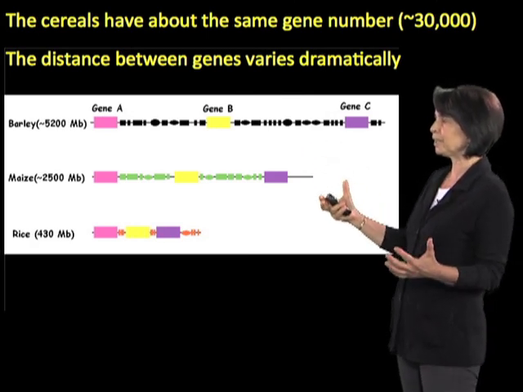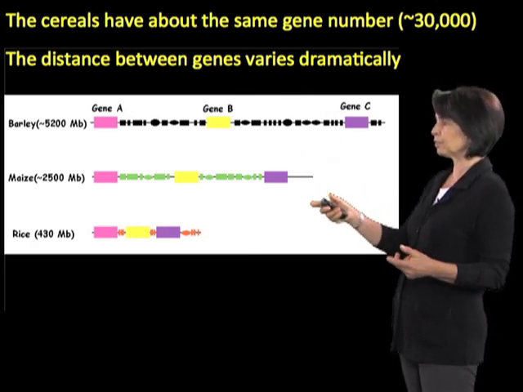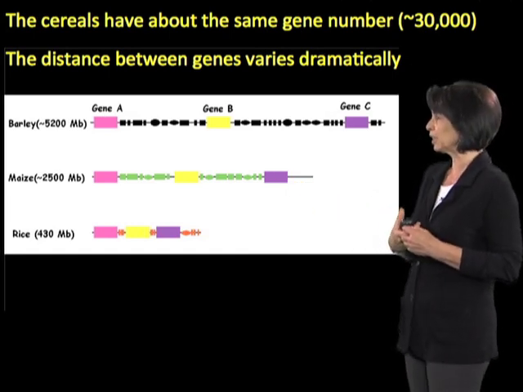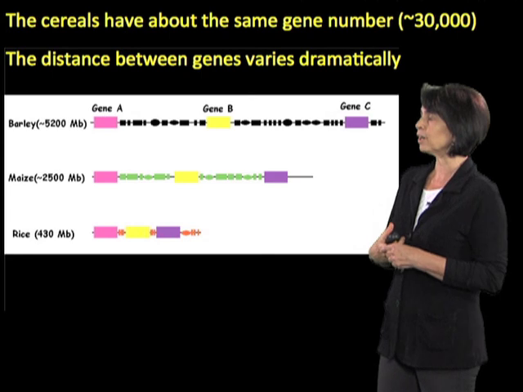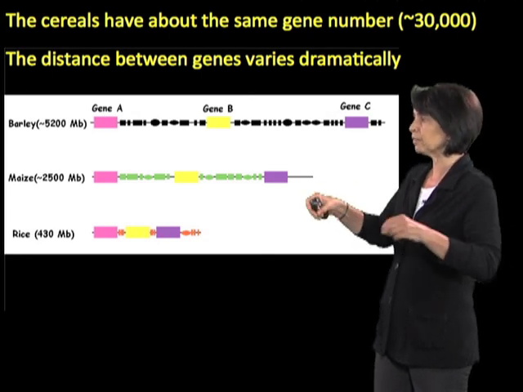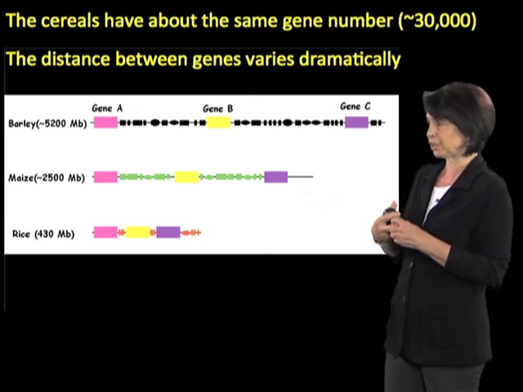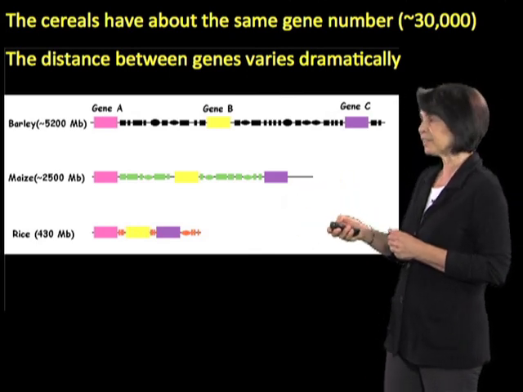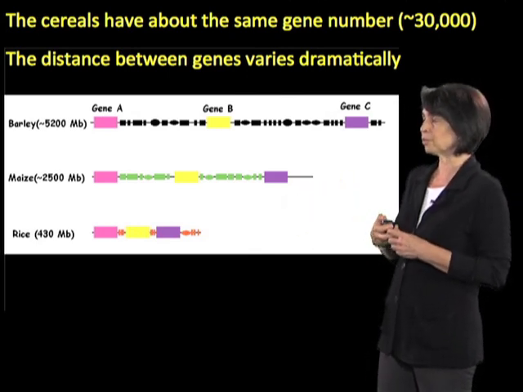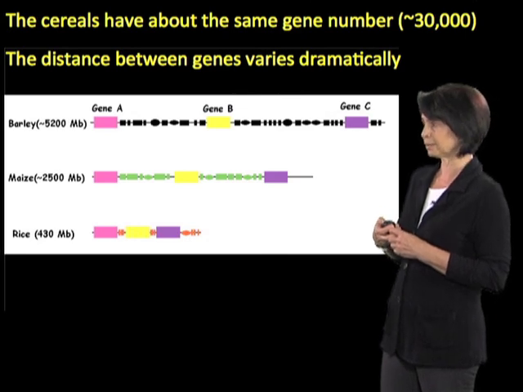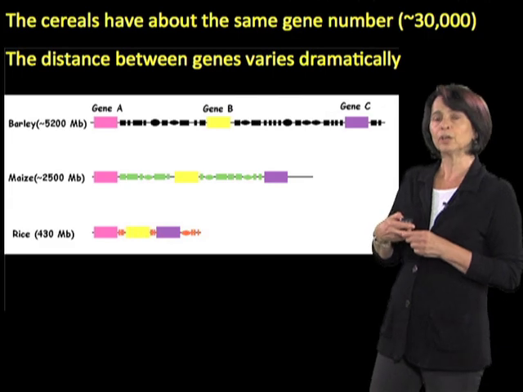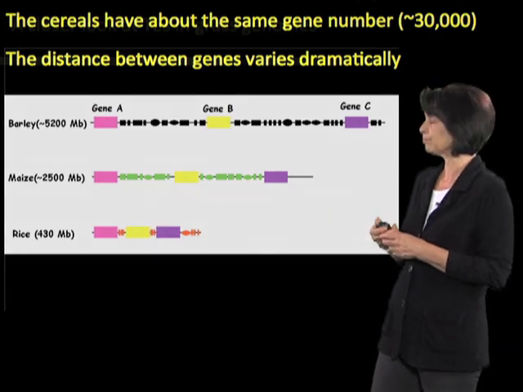So what's happening here is transposable elements, which are the squares and circles and ellipses in between, transposable elements are inserting massively between the genes and expanding the genome. Okay? So this is largely responsible for the difference in genome size. And it's the safe havens that transposable elements can go without harming the host.